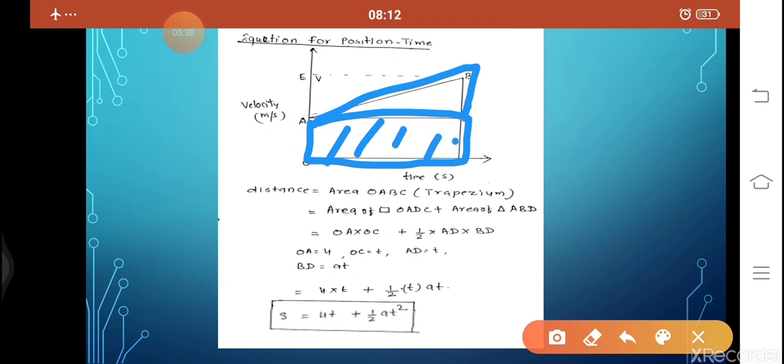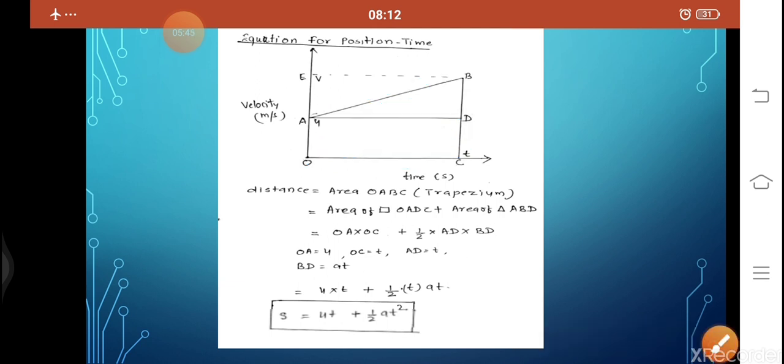The area of the rectangle is OA into OC, plus the area of the triangle, 1 upon 2 base times height. Base is AD and height is BD.